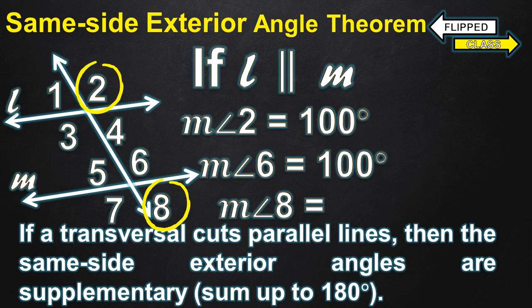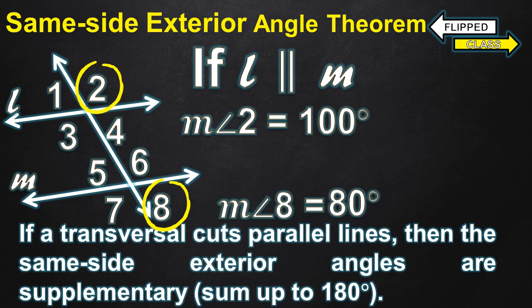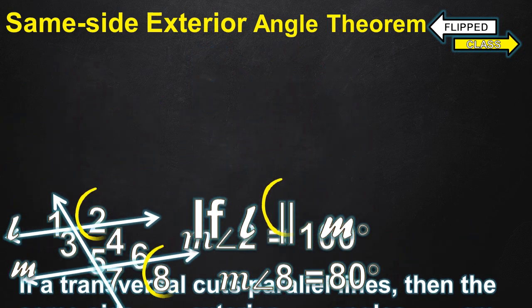And angle 6 and angle 8 form a linear pair, and they must be supplementary, and therefore angle 8 must be 80 degrees. This is a proof of this theorem, meaning measurement of angle 2 and measurement of angle 8 sums up to 180 degrees, or in short, supplementary. Again, this only works if they are parallel lines.